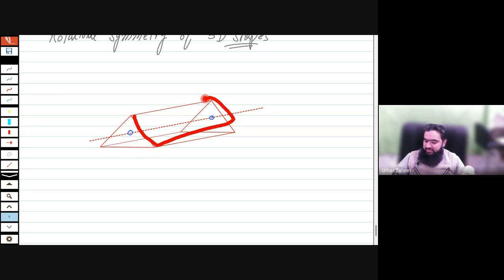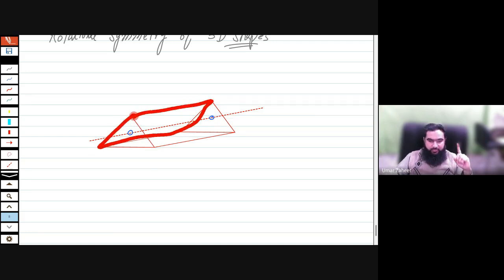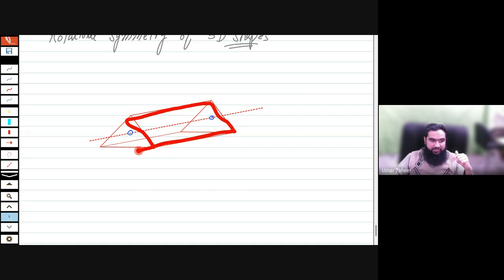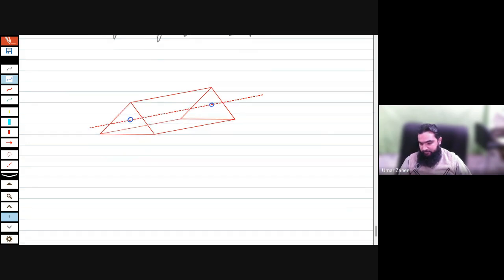And here, when you rotate it, this face is going to be here, and that means one time. When you rotate again, this face is going to be here. Rotate again, and it is back in the initial condition. So you are going to see the original shape three times. This means that it has rotational symmetry of order three.